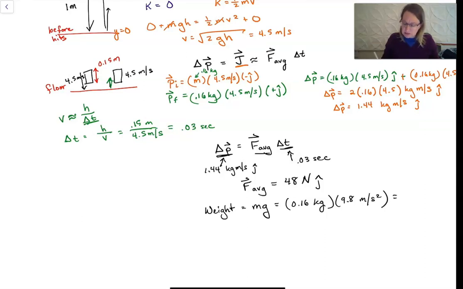Then I get this is about 1.6, of course, newtons. So this is many, many times. It's 30 times its own weight. So that's a pretty substantial hit. And again, I think this has overestimated the time of collision when this happens, which is, of course, why we damage our phones if we drop them. So get a good case or hold on to your phones.